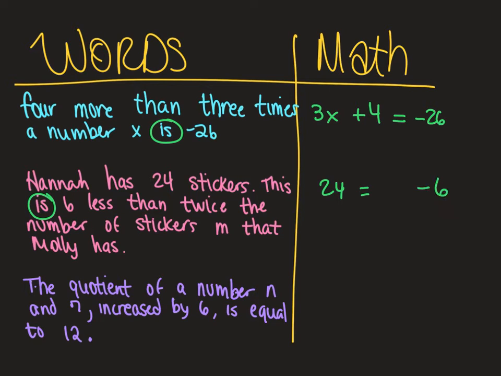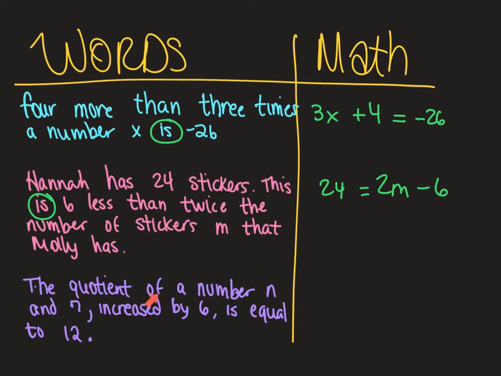We have a twice. Twice the number of stickers M that Molly has. Twice M looks like that. And we're done. Hannah has 24 stickers. This is 6 less than twice Molly. And yay, we're good. All right, next example.